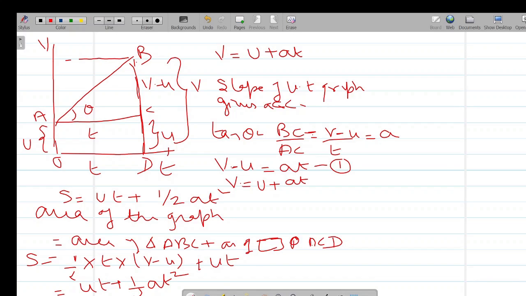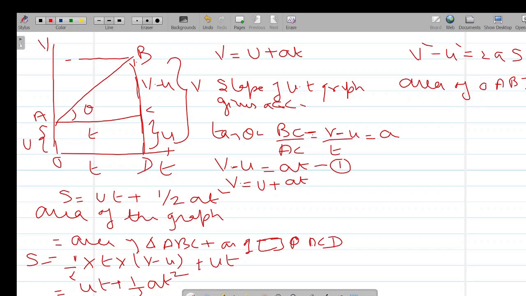So now let us derive the third equation, V square minus u square is equal to 2as. What we have to do is eliminate time. So again we find the area of the trapezium OABD.